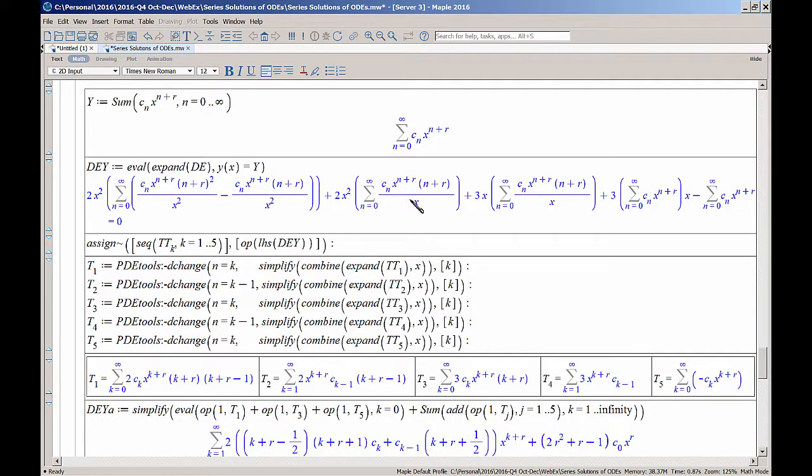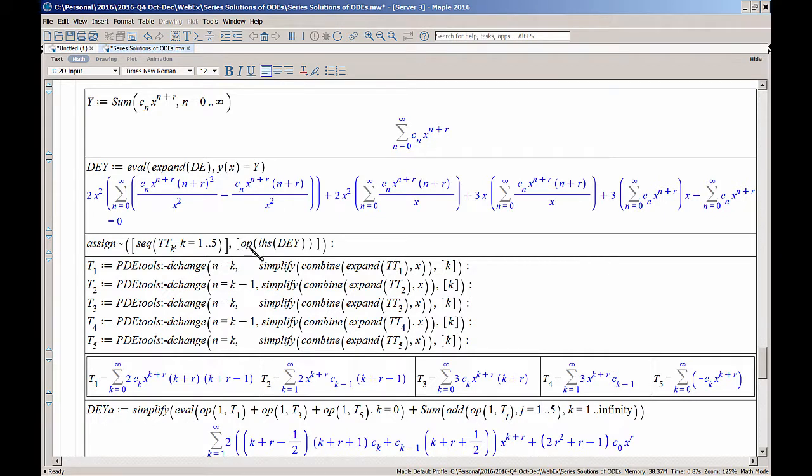So I want to grab each one of these 5 terms, and here's how I will do the grabbing. This sequence command makes a sequence of names, tt1, comma, tt2, comma, tt3, comma, so forth, and then the square brackets make that a list.